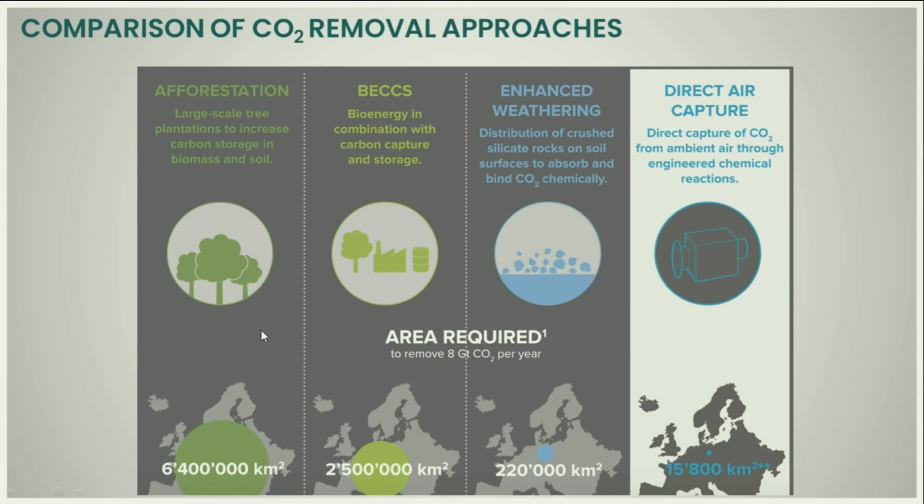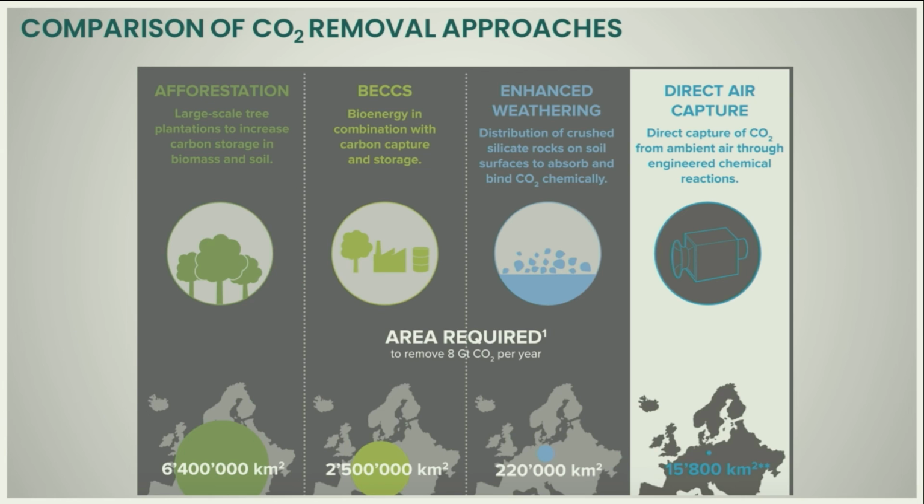Well, there are 3 methods that have been proposed, and I don't think any of them are going to work except direct air capture. Firstly, afforestation means planting millions of trees. Now, trees are good. They take out carbon dioxide from the atmosphere and put in oxygen, but they're not that good.